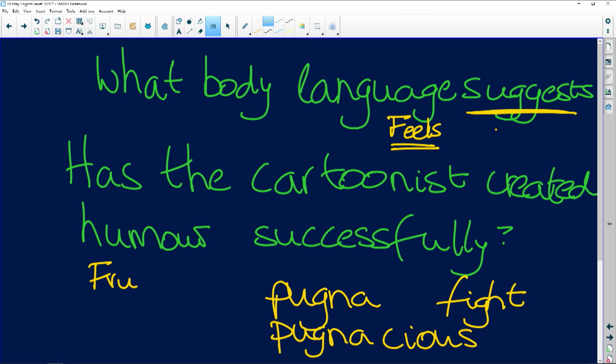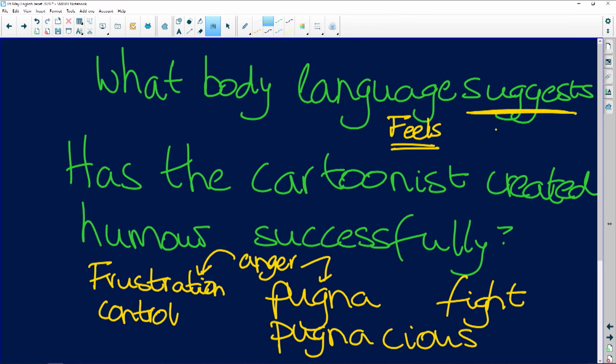So be very careful with a word like anger, because the anger here is a person about to start a fight. The anger here is anger that is controlled, but the person is furious, but is controlling that fury and is very frustrated.